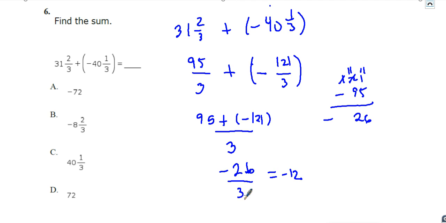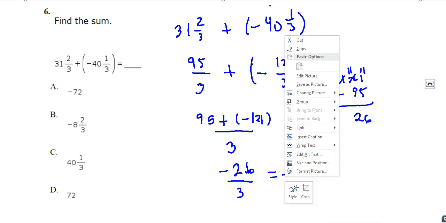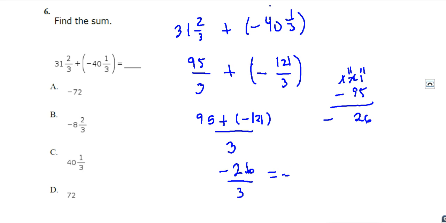Now 3 goes into 26, not 12 times; 3 goes into 26 8 times. 8 times 3 is 24, and then there'll be 2 left over out of another 3. So there we go, now we have negative 8 2/3. Very important teachable moment on showing your work so that if you make a mistake, you can go back and catch it.